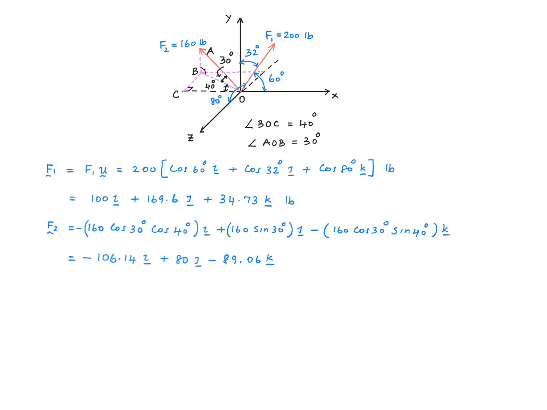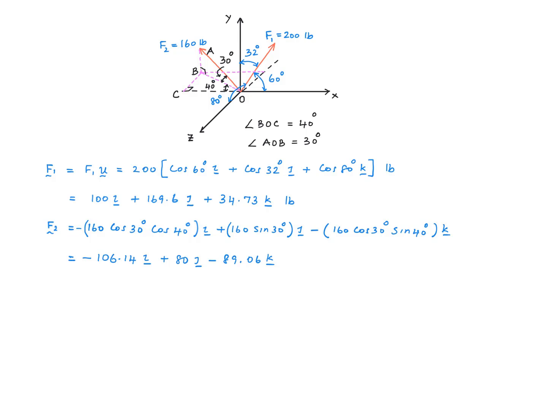And we're going to take that and resolve that along x and z direction in order to find the x component and the z component. So you see 160 cosine 30 going in on the first term and the third term. Now we take this right triangle OBC and note that OB cosine 40 is going to give me an x component, but it's in the negative direction.